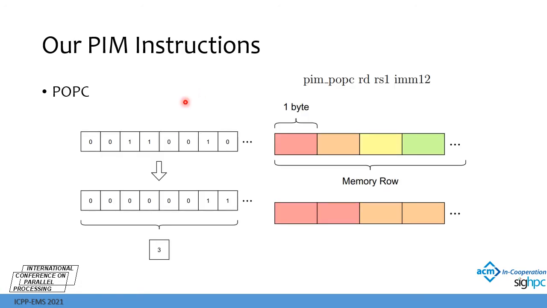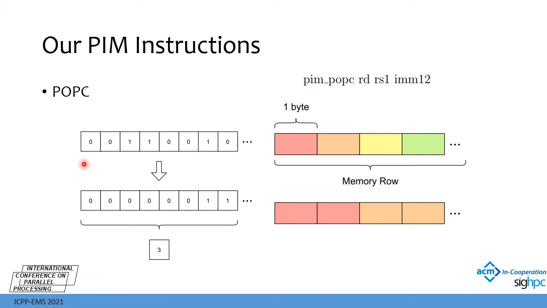The popcount instruction also operates on a whole memory row, and we can set the length for each operating unit. If the length is set to a byte, which is 8 bits, then we count the number of 1s in this byte, and the result will be output.